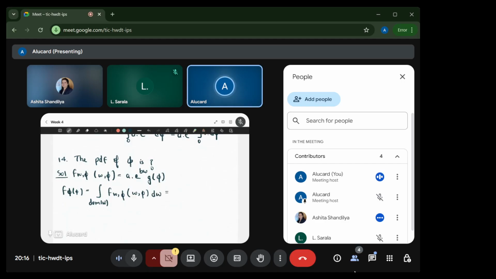So since you're integrating over W, it has nothing to do with phi, and it has nothing to do with the constant A, so you can just write it as A g of phi integral e power bw dw. And you obviously know how to integrate e power something.